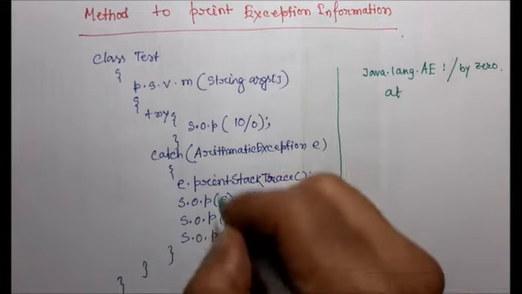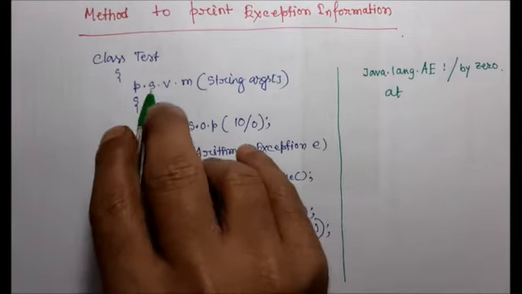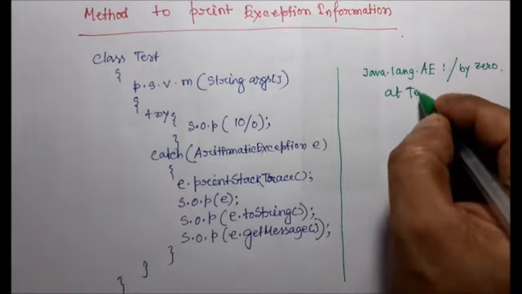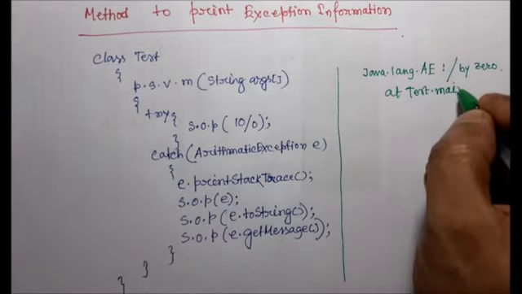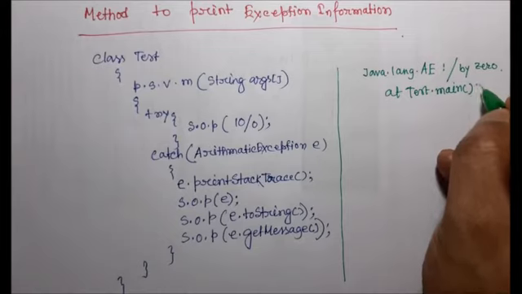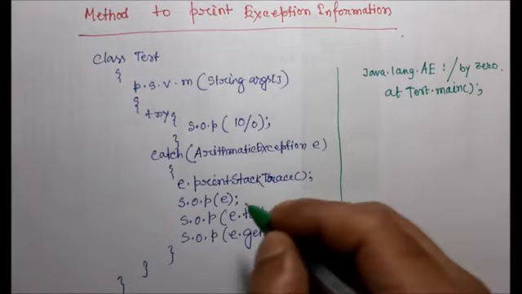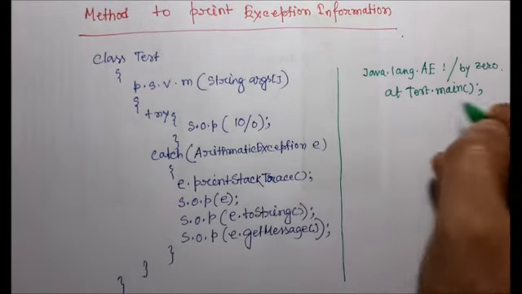Then where it is: in Test class, Test.main method. That is the total information that will normally print if I do not use those methods.